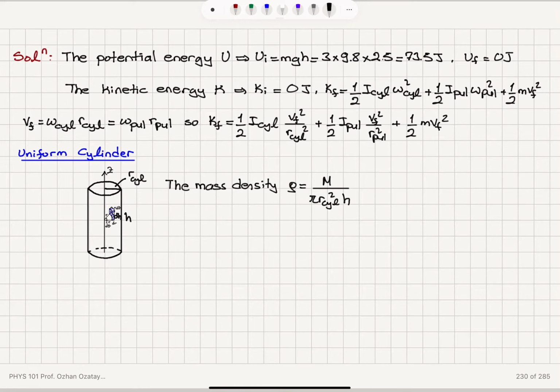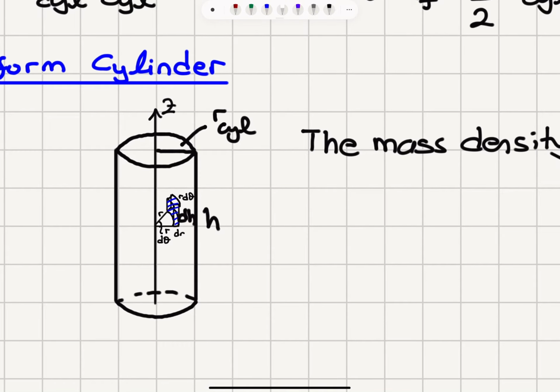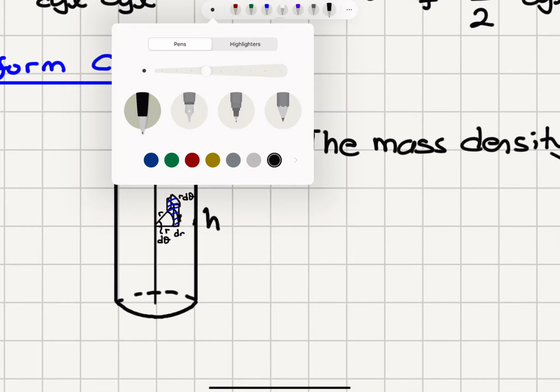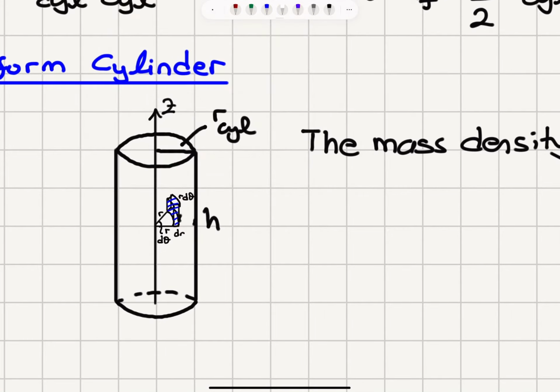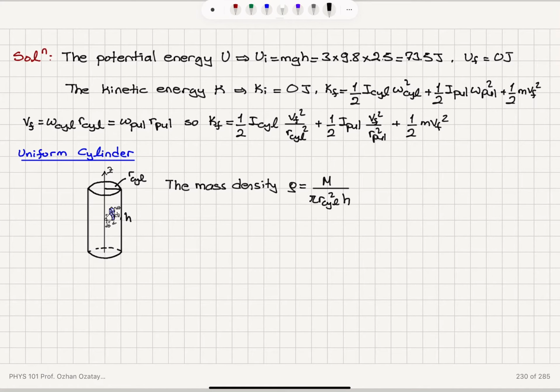And if this is our z-axis, then we can call this not dh, but maybe we should call it dz. So this is dz. Then we can write the volume of the differential element as r dr d theta dz.